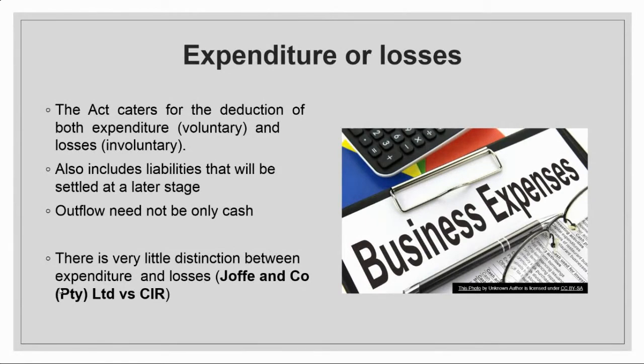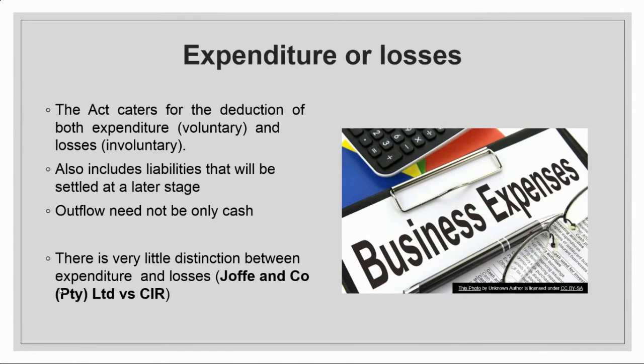Okay, so when we look at this, it doesn't always focus on just the outflow of cash. It can also be outflow of services, similar to your gross income. And then the Jaffe case says there's very little distinction between what is an expense and what is a loss in terms of the Act.